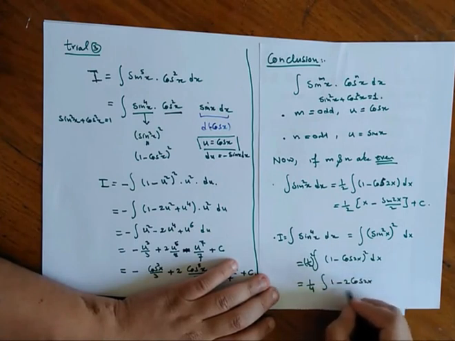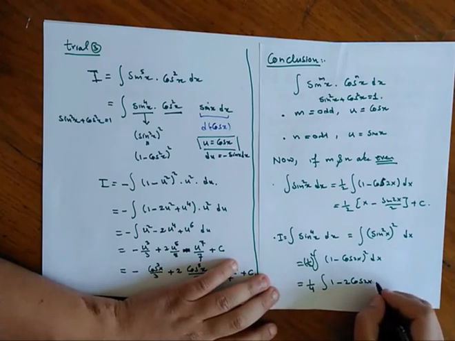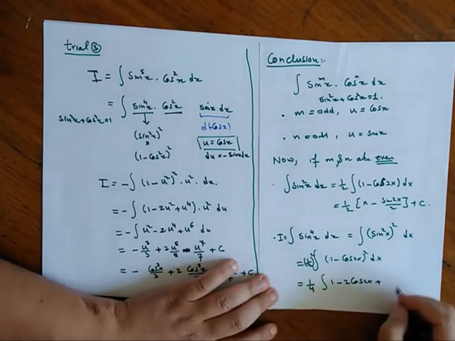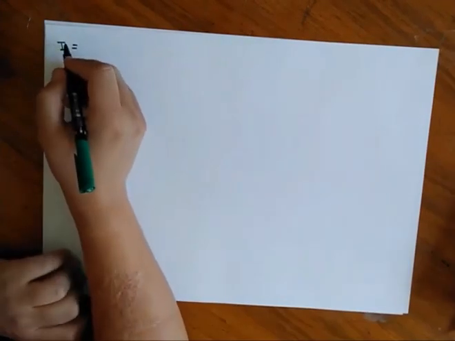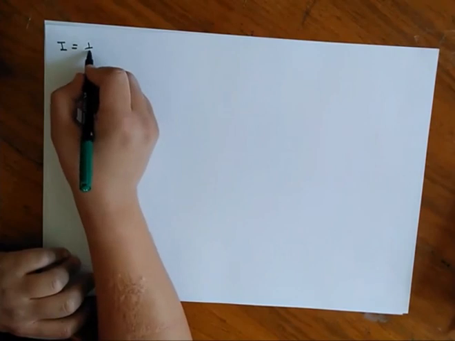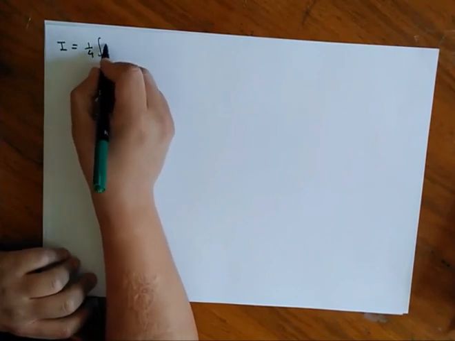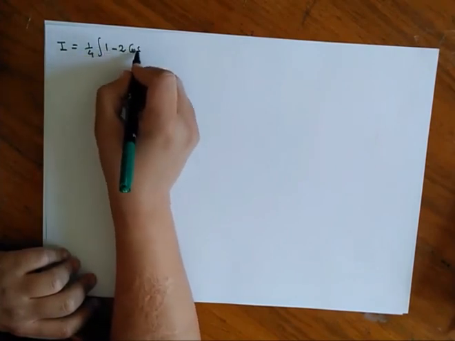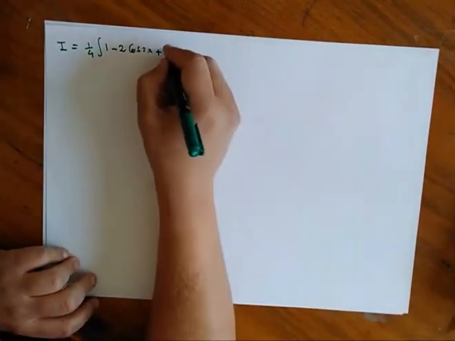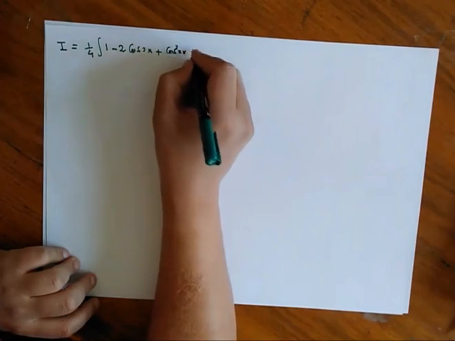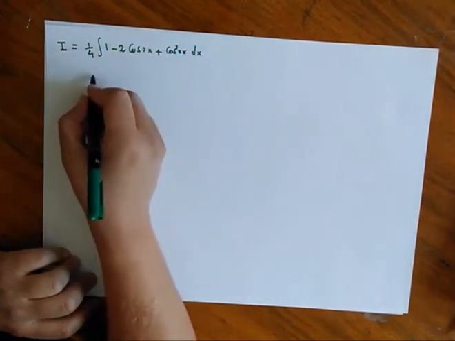So we can integrate 1 and 2 cosine 2x, but still we will have an extra term here, which is cosine squared. We reach this step, so we have I equals 1 over 4 times the integral of (1 - 2 cosine 2x + cosine^2 2x) dx. So here we have to use the double angle formula.